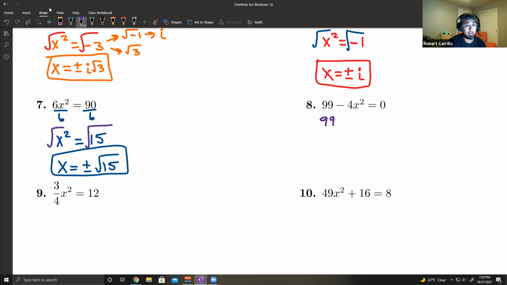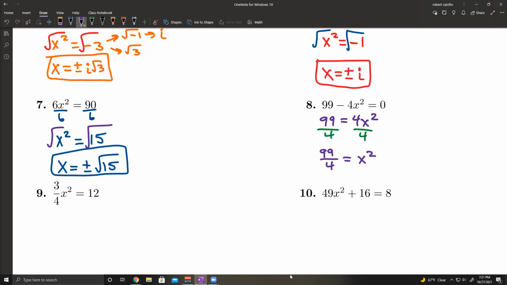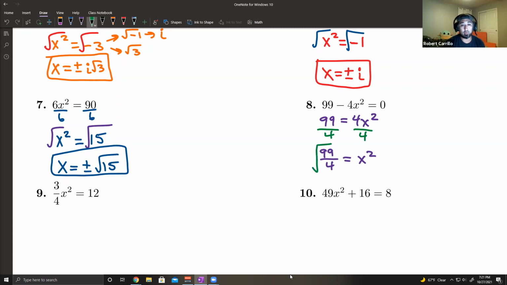You'll get 99 equal to 4x squared, and then we will divide by 4. And what we're left with is 99 over 4 equal to x squared. Now, I believe 4 doesn't go into 99, right? Right. So since we can't simplify that, we square root both sides.